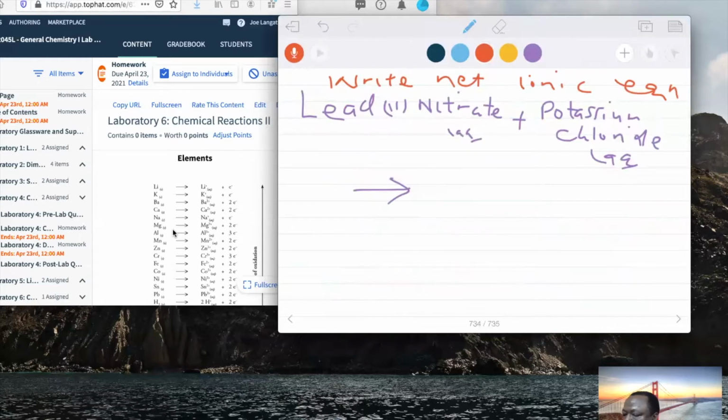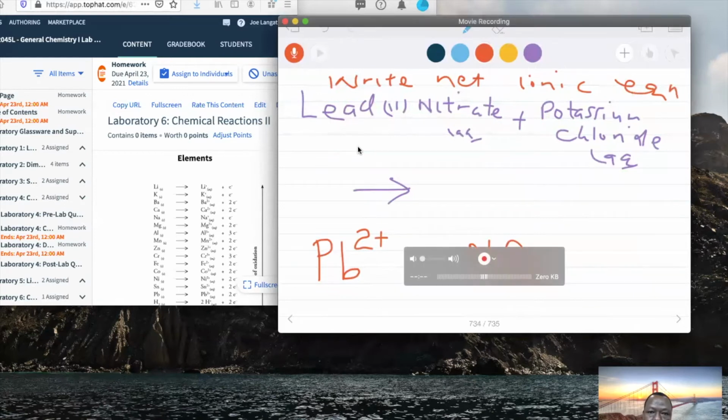You have to predict the formula for lead II nitrate with the ionic charge of lead II being positive 2. If it was lead IV, then it's going to be positive 4. How do I know that it is lead II? The parentheses right there.